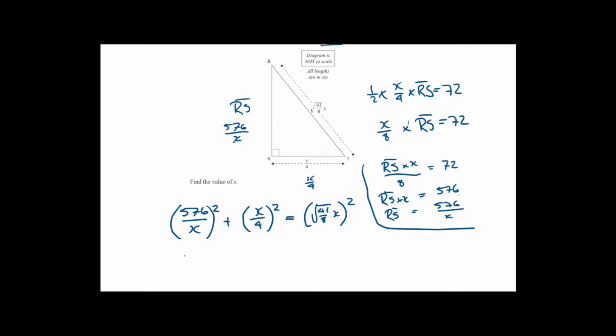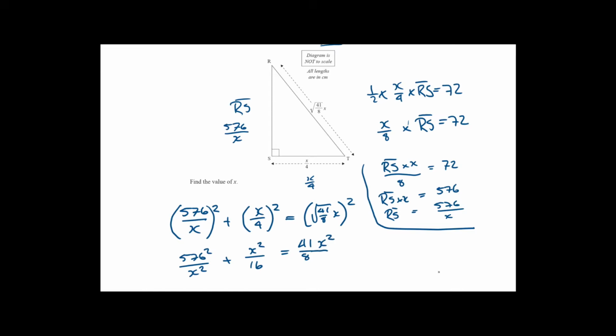So this is going to be 576 squared over x squared plus x squared over, and 4 squared is 16. And when we square something which is already square rooted, we get 41 over 8, and now we have to square the x squared. And what I'm going to do there, I'm going to put the x squared up here.